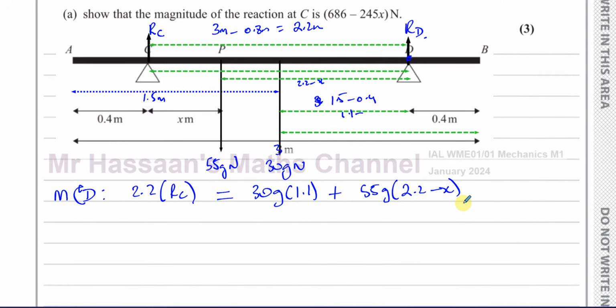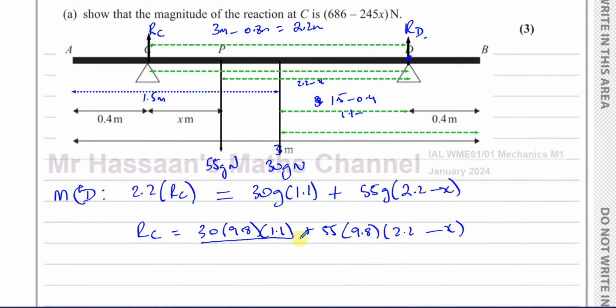Now remember, our g is 9.8 in our syllabus. So we have 30 times 9.8 times 1.1 plus 55 times 9.8 times (2.2 minus x), that's in brackets there, and this is all going to be over 2.2.